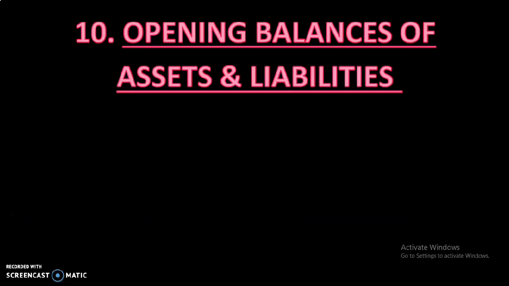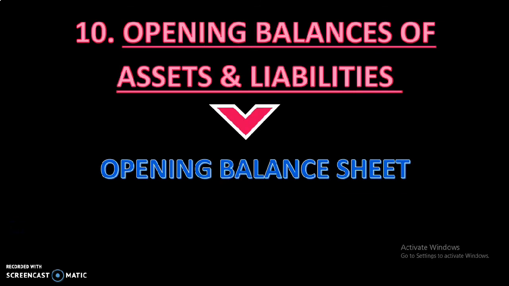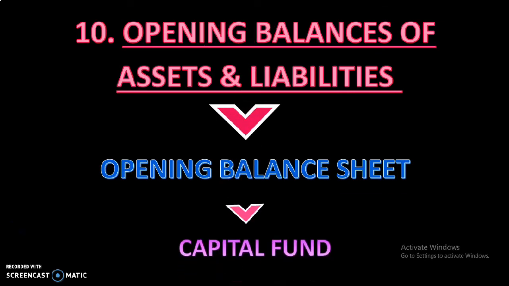Adjustment number 10 is on opening balances of assets and liabilities. At times in the adjustments, we would be given the opening balances of assets and liabilities. With the help of these opening balances, we would prepare the opening balance sheet. Why would we prepare the opening balance sheet? To calculate the capital fund amount, as it may not be given to us in the question at all times. Suppose capital fund is given to us in the question.